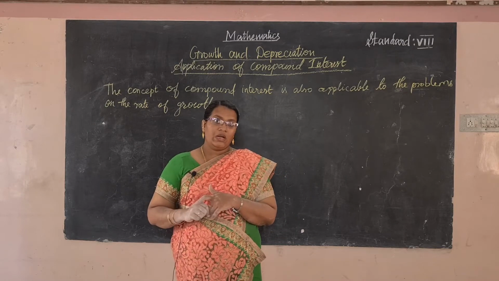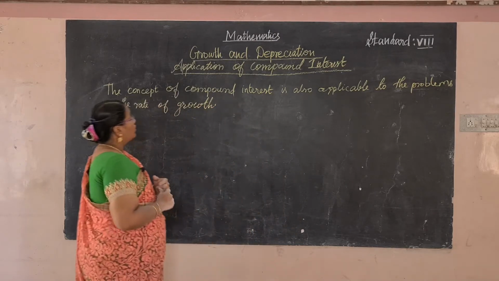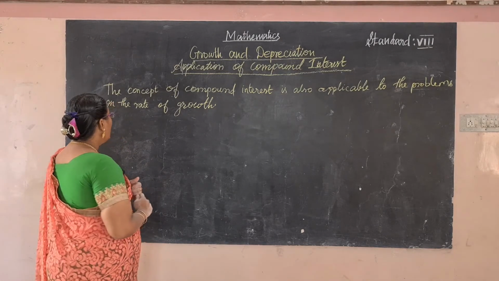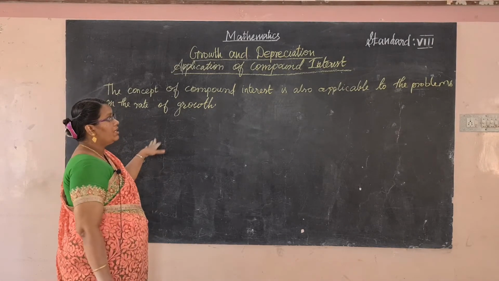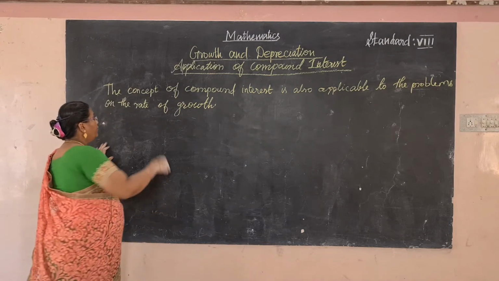Today we are going to learn about depreciation and appreciation. That is the growth and depreciation application of compound interest. The concept of compound interest is also applicable to problems of the rate of growth.